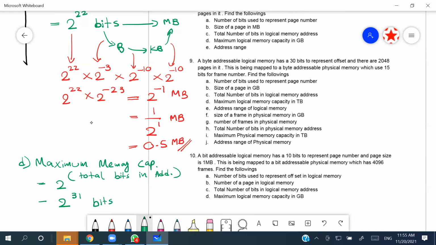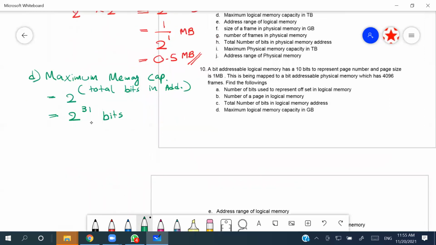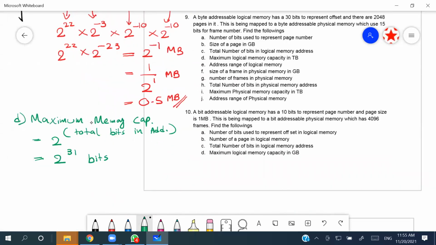This comes as bits, so we have to convert these bits into gigabytes. The journey is bits become bytes, bytes become kilobytes, kilobytes become megabytes, and megabytes become gigabytes.